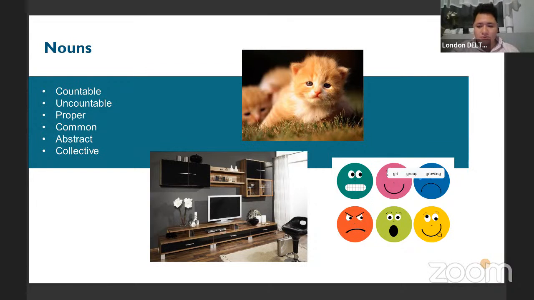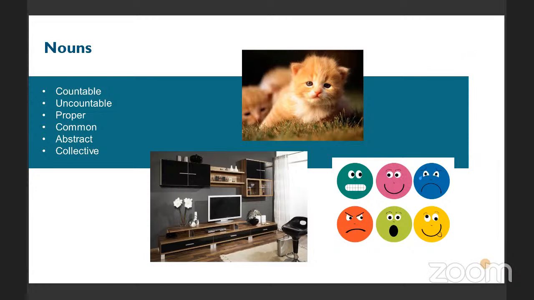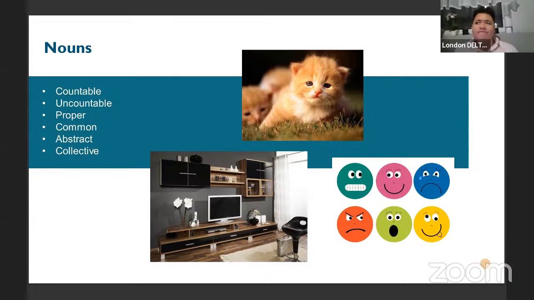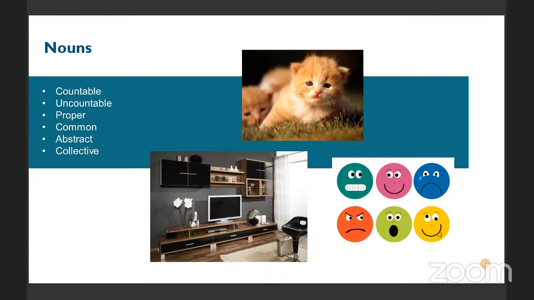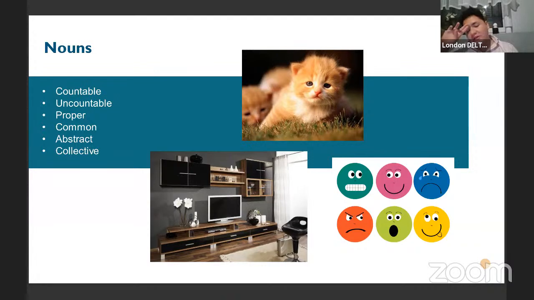A group. If we talk about animals, for example, a herd. Colony of ants. Very well. A colony of insects. Colony. Good.